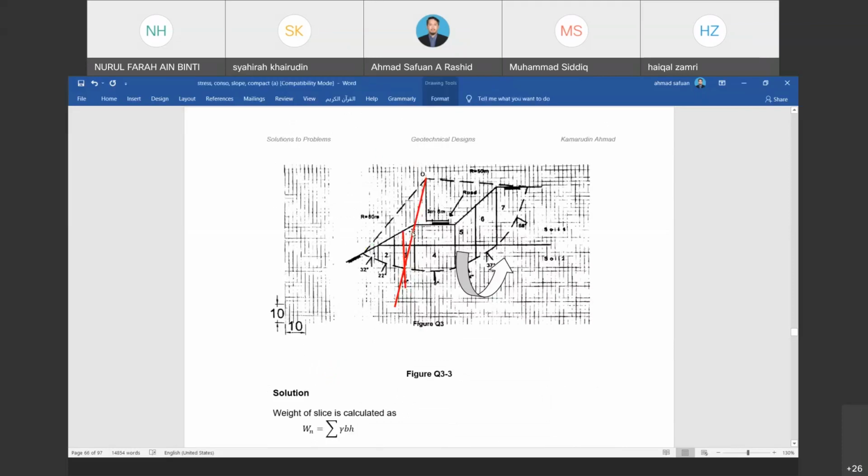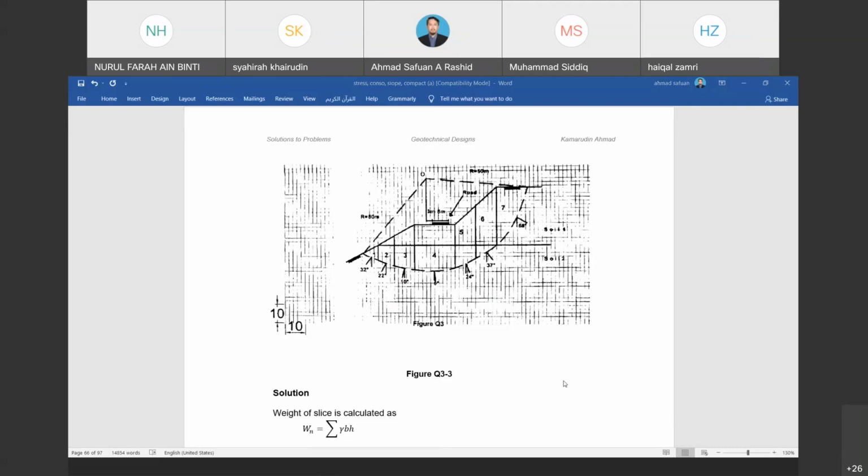Contoh yang nombor 3, slip surface dia berlaku pada soil nombor apa? Soil nombor 2 lah, kan? Manakala kalau slice number 6, slip surface berlaku pada soil nombor 2 juga. Kalau slice number 7, soil nombor tu baru satu lah kan doktor? Okay, betul. Faham Doktor.